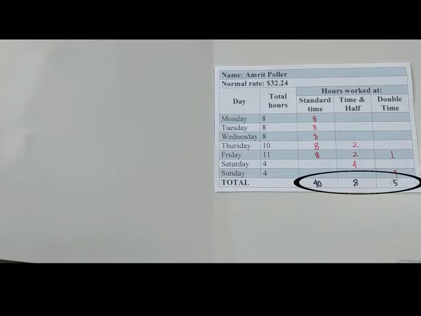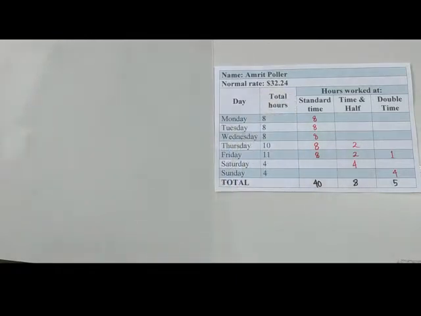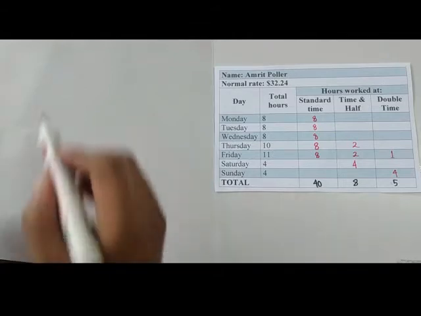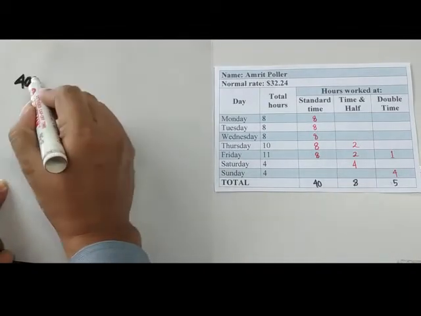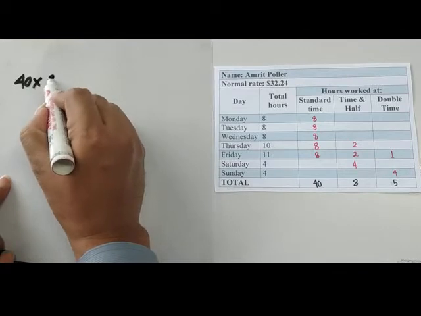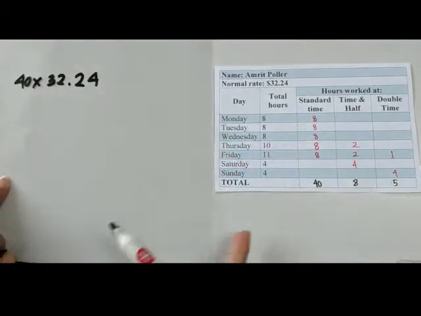For standard time the rate is $32.24. Time and a half we multiply by 1.5, and double time we multiply by 2. So we find 40 times 32.24 for standard time.